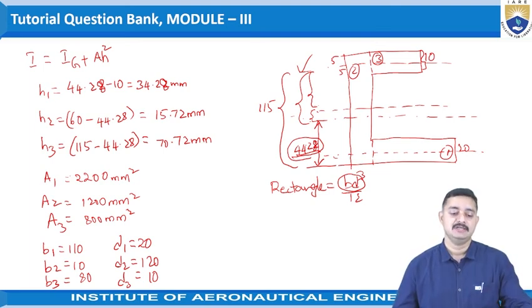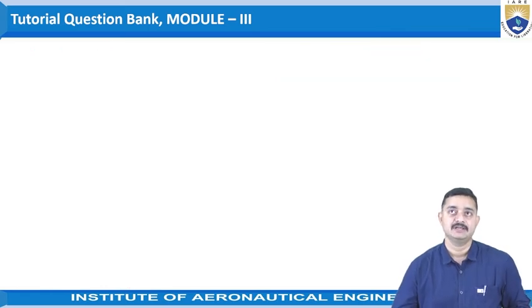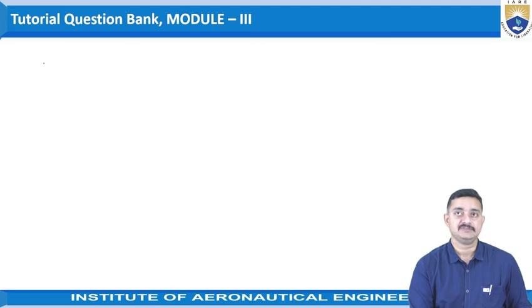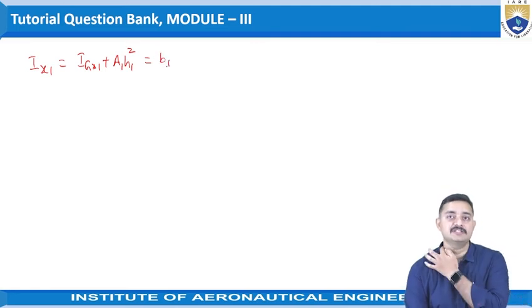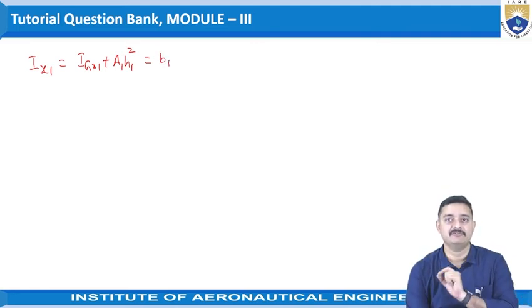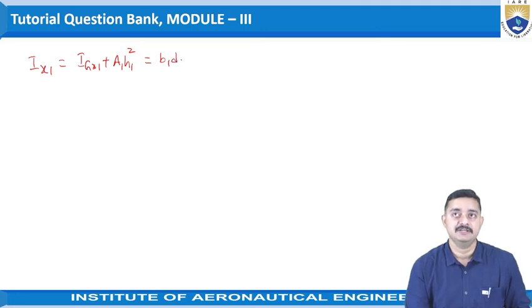Now let us go to the substitution of these values and identify the moment of inertia. For the first part, the moment of inertia is Igx1 plus A1 H1 square. Further, it would be the moment of inertia of part 1 about its centroidal axis, B1 D1 cube by 12, plus A1 into H1 square.